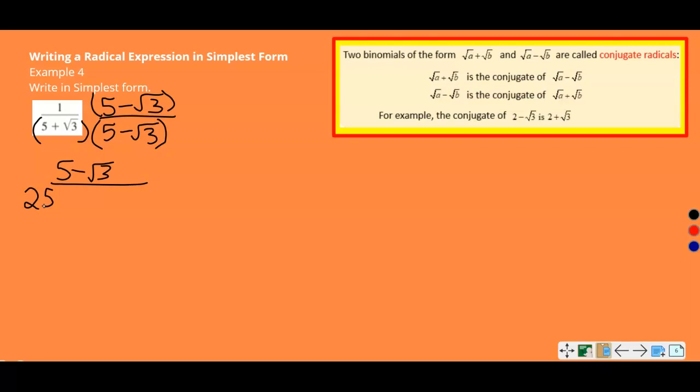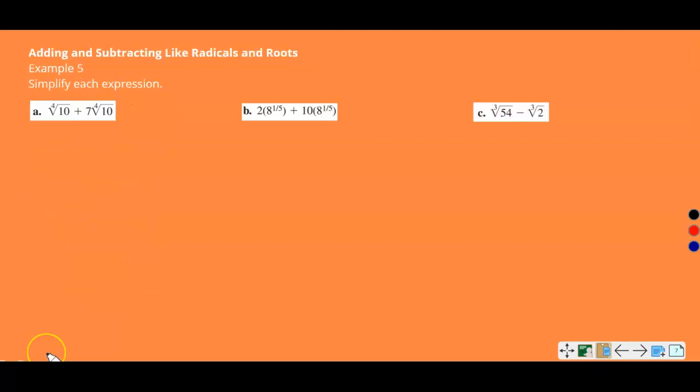And then I have plus square root of 3 and minus square root of 3. So plus and minus multiplied is negative. The square root of 3 squared is just 3. So we're going to have 5 minus the square root of 3 over 25 minus 3, which is just 22. So this is simplified because there's no longer a radical in the denominator.